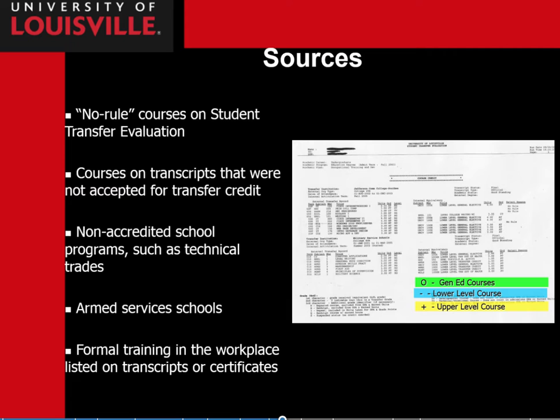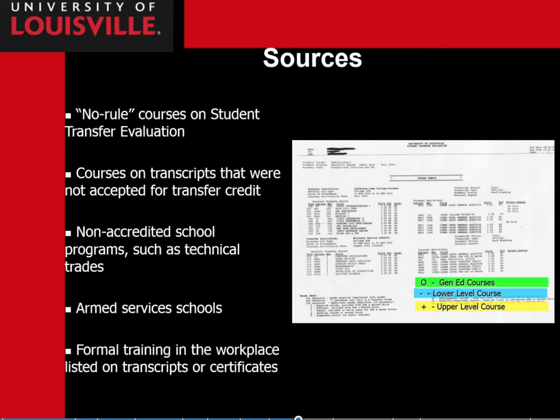These courses are eligible for occupational training learning credit, so long as they're related to your work specialization. Non-accredited school programs, such as technical trade schools, may be counted if they support your work specialization. Additionally, military courses or courses taken through your employer are excellent sources of occupational training learning credit.